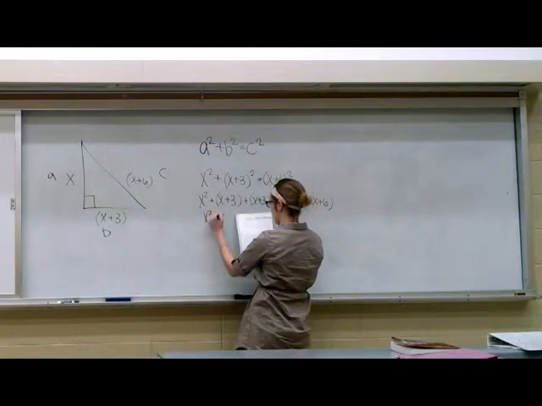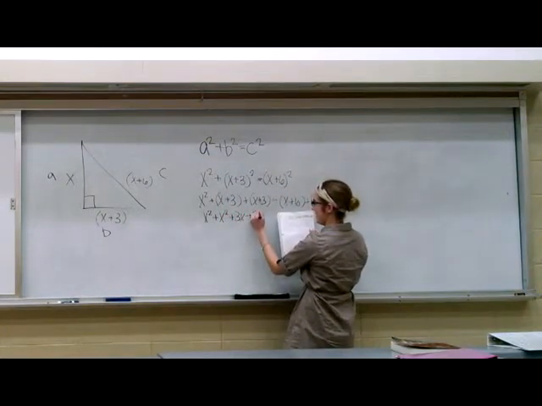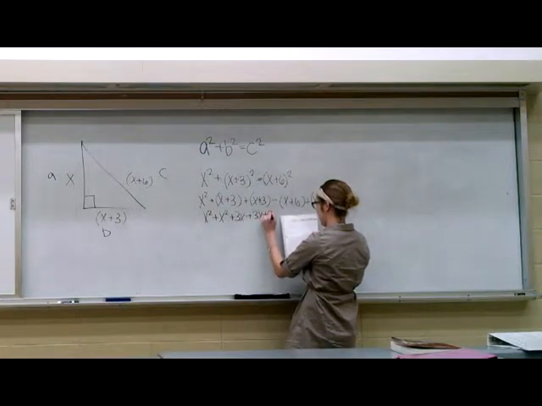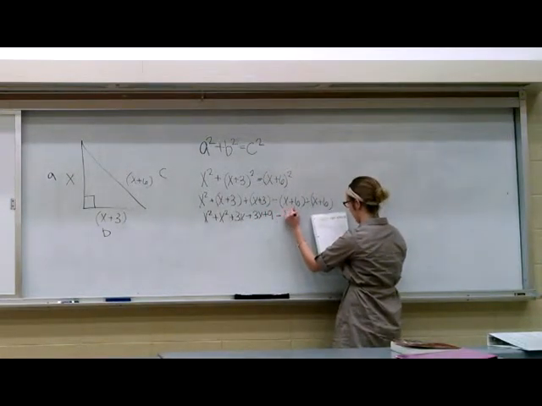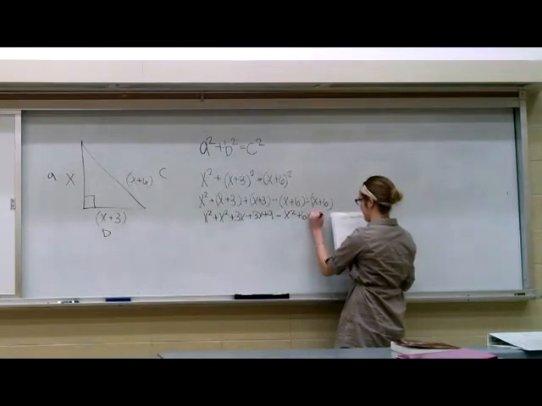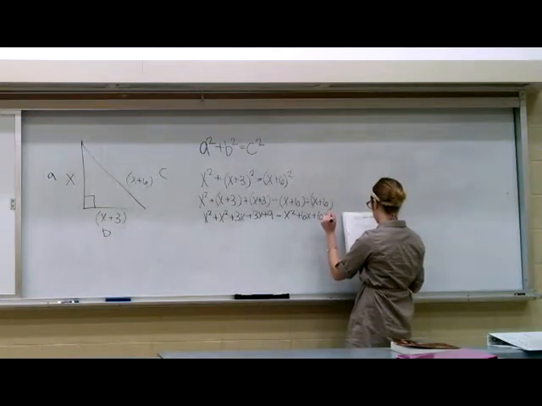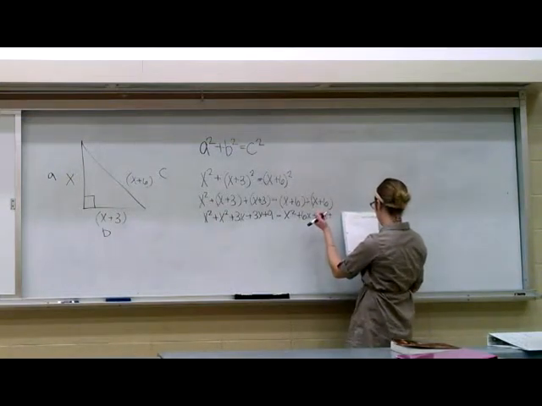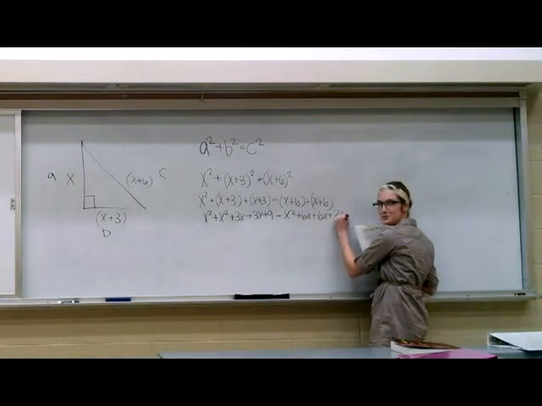x squared plus x squared plus 3x plus 3x plus 9 equals x squared plus 6x plus 6x plus 36, not 12.